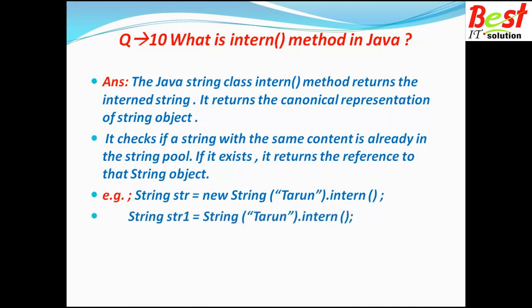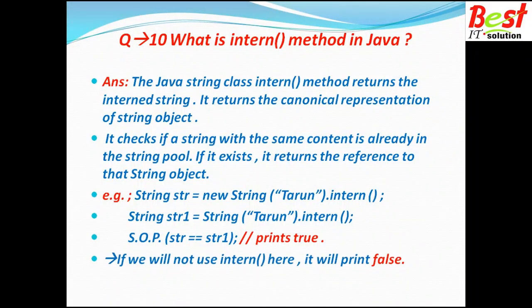We have initialized these two string variables with the same value, that is tarun. When we compare these two objects, System.out.println(str == str1), it will print true. But if we do not mention the intern method here, it will return false. So these are the uses of the intern method.